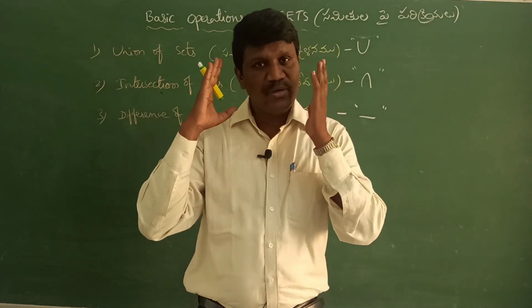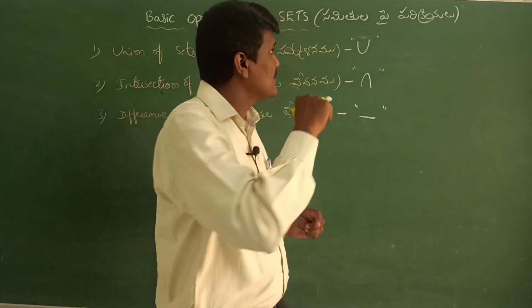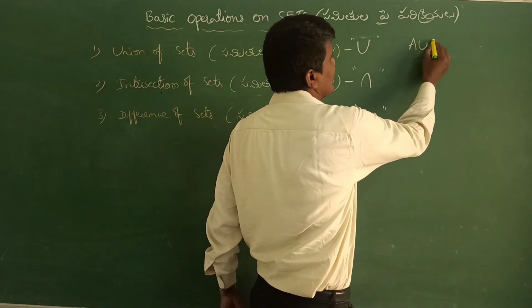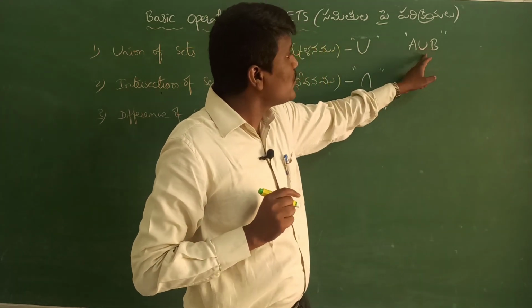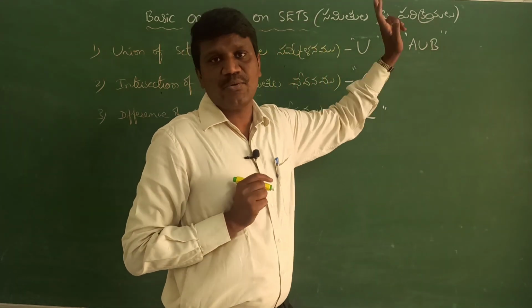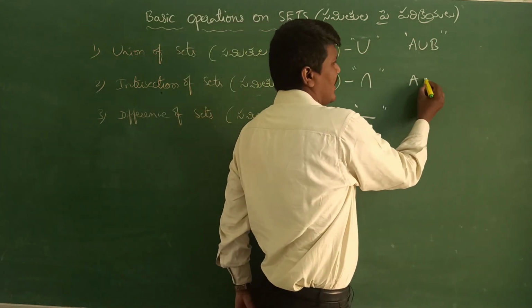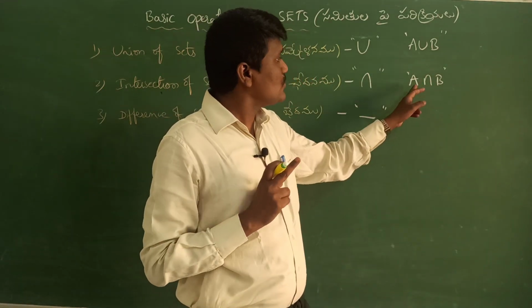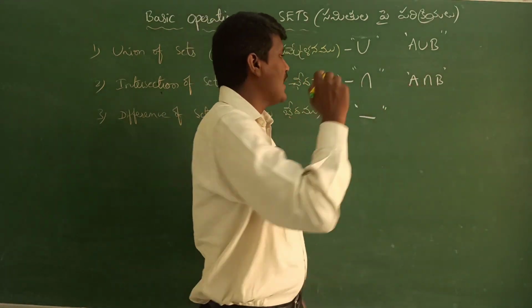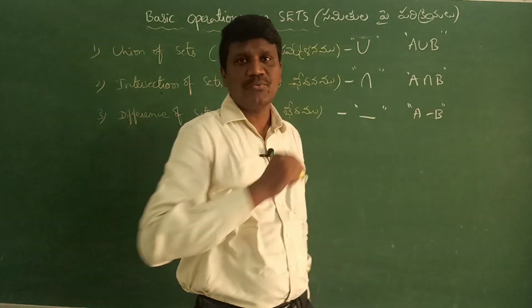If A and B are two sets, then the union of the two sets will be represented with A union B, that is the union of sets A and B. Same way, A intersection B is the intersection of two sets A and B, and next, A minus B is the difference of two sets.